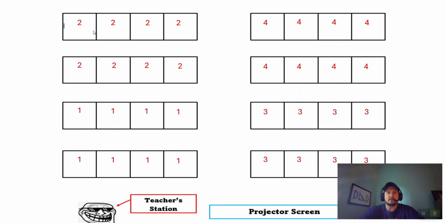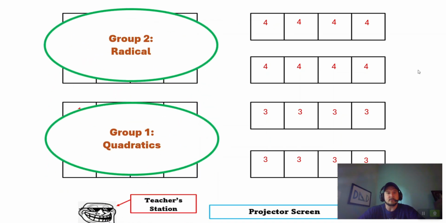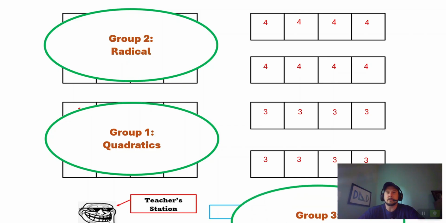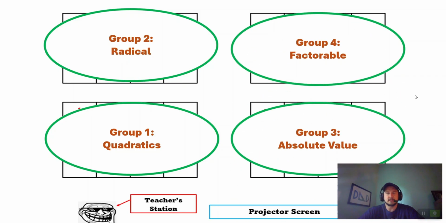And then back here would be anybody assigned a 2. And over here, anybody assigned a 3, and then anybody assigned a 4. And it's at this stage that they work on their group activity. So it looks like I assigned group 1 quadratics, group 2 radical, group 3 absolute value, and group 4 factorable.